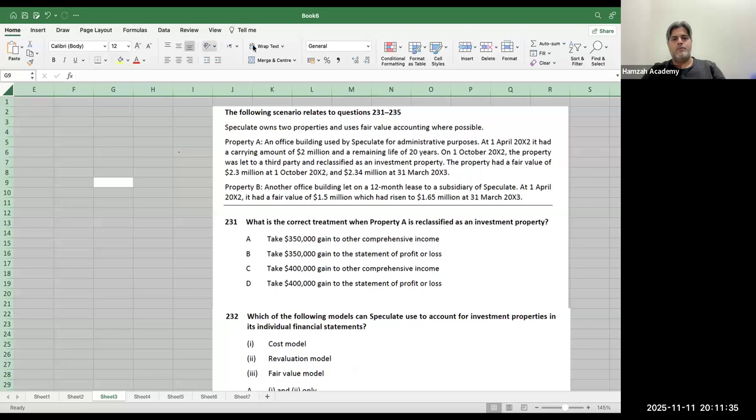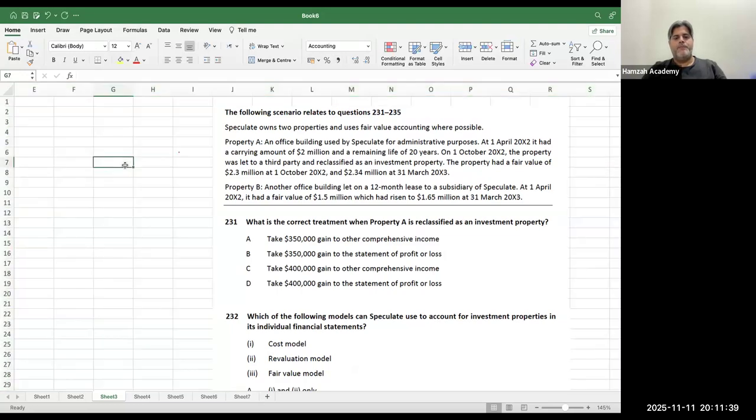So here we go. Now, Speculate owns 2 properties and uses fair value accounting where possible. Property A, an office building used by Speculate for administrative purposes. At 1st April 20x2, it had a carrying amount of 2 million and a remaining life of 20 years.